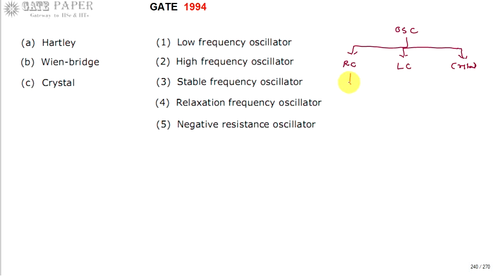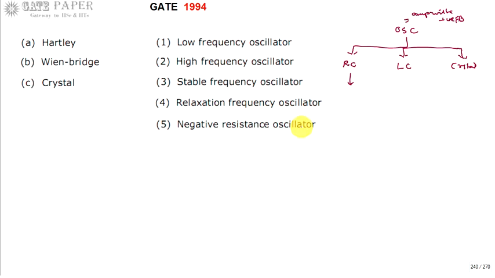We know an oscillator is nothing but simply an amplifier with positive feedback. The beta network consists of R and C elements in the case of an RC oscillator, L and C elements in the case of LC oscillators, and in the case of a crystal oscillator, a crystal is mainly used to get the oscillations.